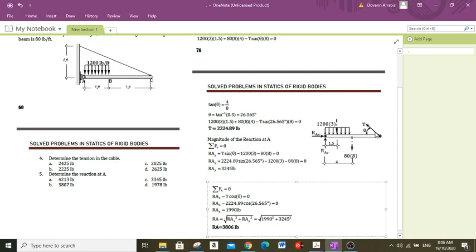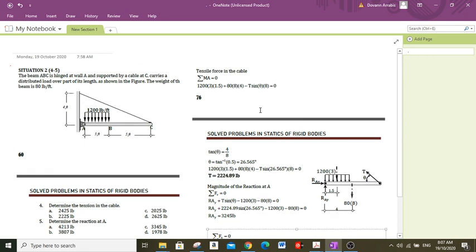And again for a cable, the force acting on the cable is always away from the point of connection. So as we can see, the direction of force T is away from the point of connection.